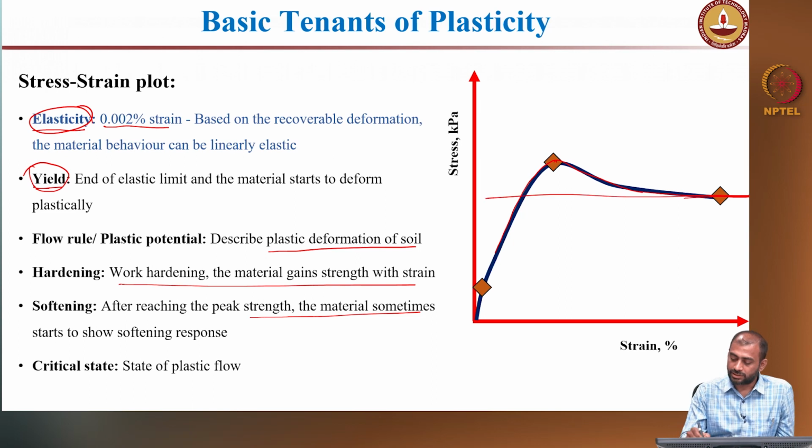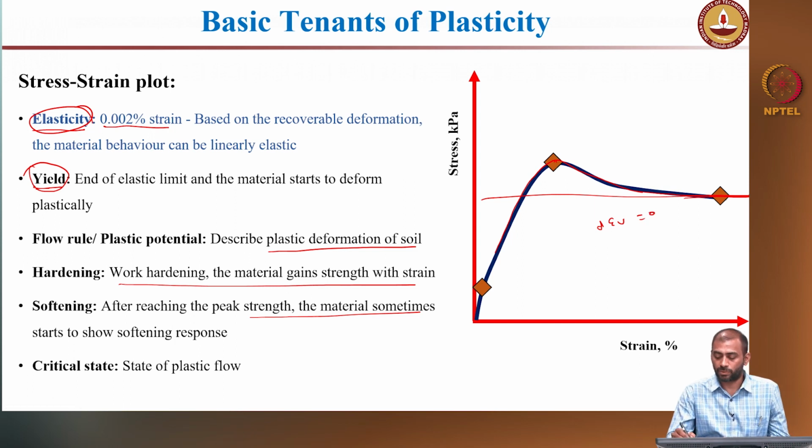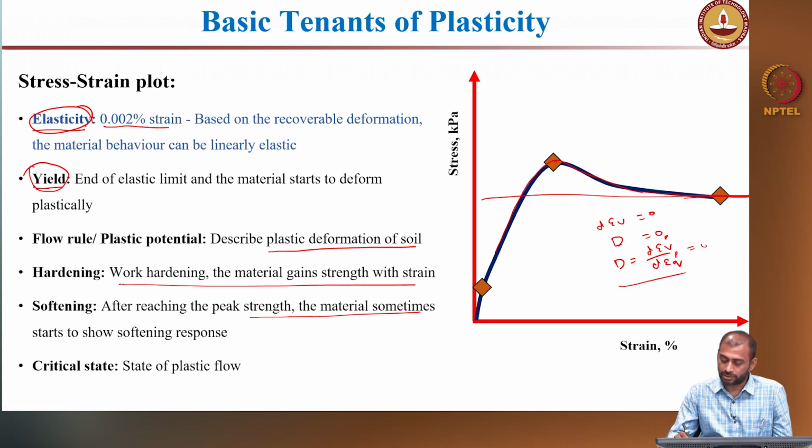So when it reaches critical state, we can define it as d epsilon v equal to 0, the incremental volumetric strain is 0, there is no dilation. Dilatancy is nothing but d epsilon v by d epsilon q, the ratio of plastic volumetric strain to plastic shear strain, and that is equal to 0, and the stress increment dq is also 0.